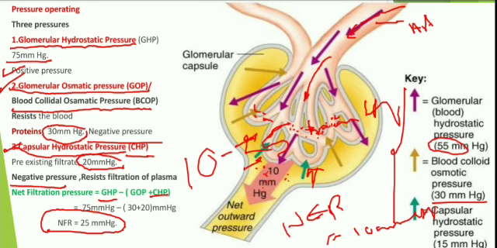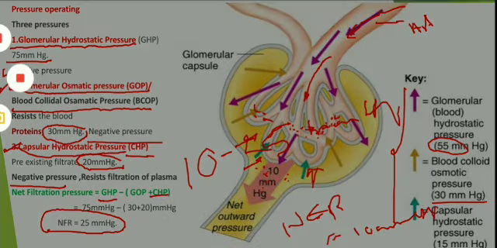And the thickness of the arteries and Bowman capsule is less than 1 millimeter. These are the three important pressures contributing to filtration of the blood, or formation of urine.